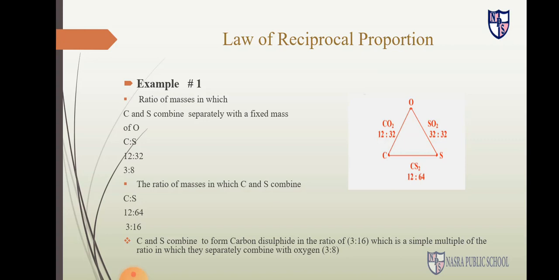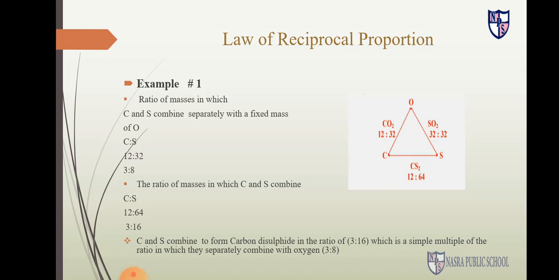Now in sulfur dioxide, the mass of one sulfur atom is 32, and for oxygen it is also 32 gram, as we have two oxygen atoms here. Now you can see the mass of oxygen in both compounds is fixed, that is 32 gram. It means that carbon and sulfur combine with the fixed mass of oxygen.